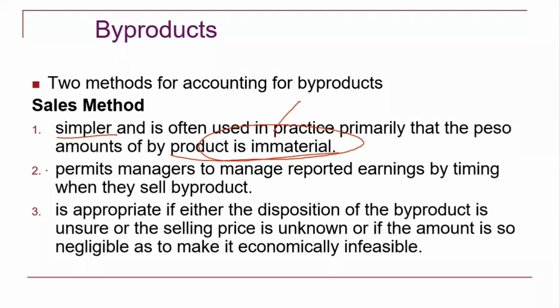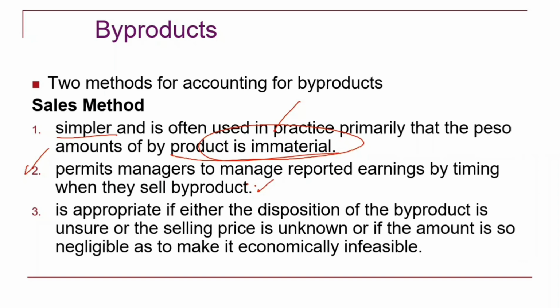Pero yun nga, number 2 sa sales method, it permits the managers to manage reported earnings by timing when they sell the byproduct. Hindi kapag na-produce lang. Kasi iniisip din dito, baka mamaya magbago yung selling price ng byproduct, so baka magkaroon pala adjustments.